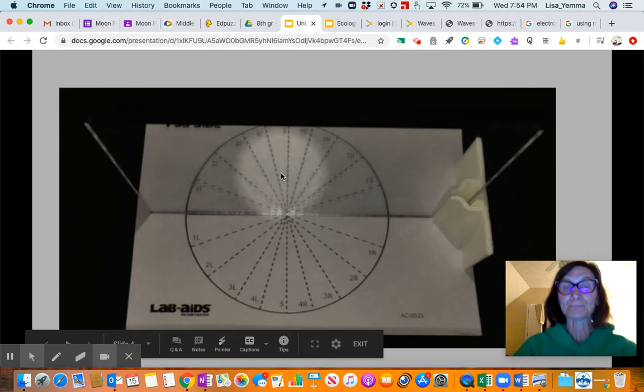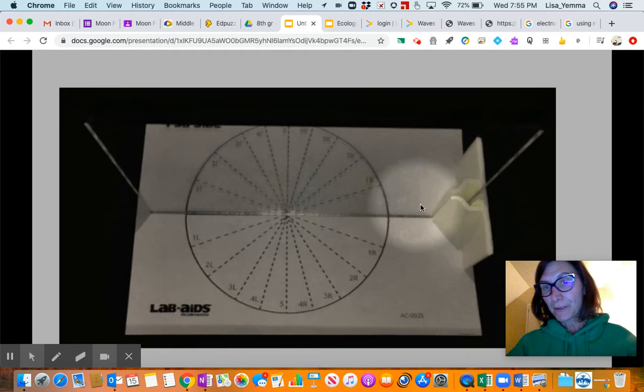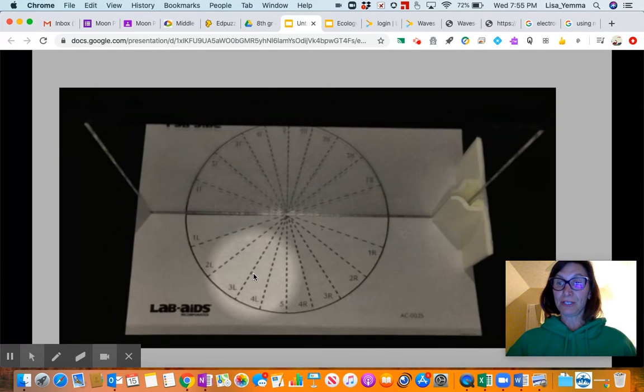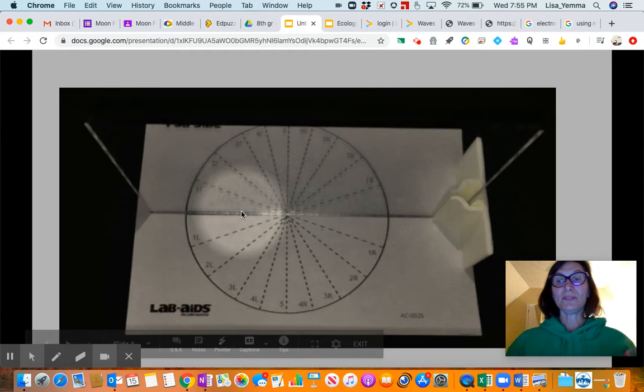So we are going to look at this plane mirror. You get your lab aids cards, and you've got these different lines measured. Right here is the mirror. So this whole circle is because of the reflection. You know that some surfaces are reflective and some surfaces are absorptive.